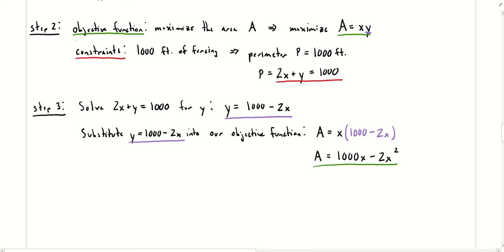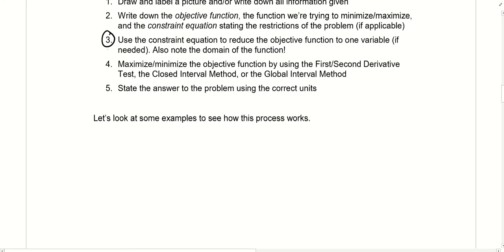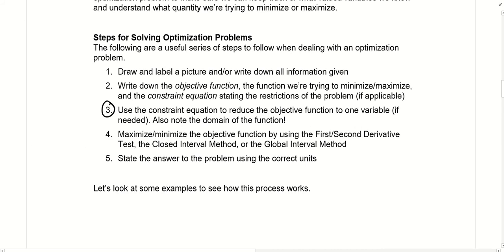Okay, now the last thing in step 3 before we get to the actual calculus part in step 4, I also want to note the domain of my function. In other words, what values can I plug in to my objective function? What are the values that are allowed?